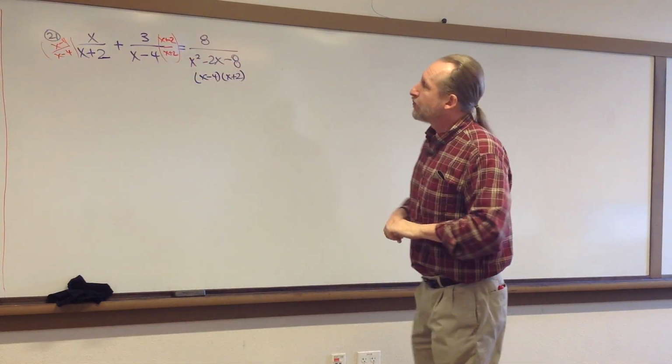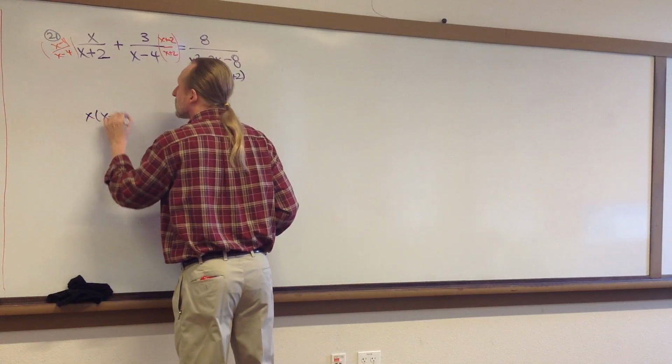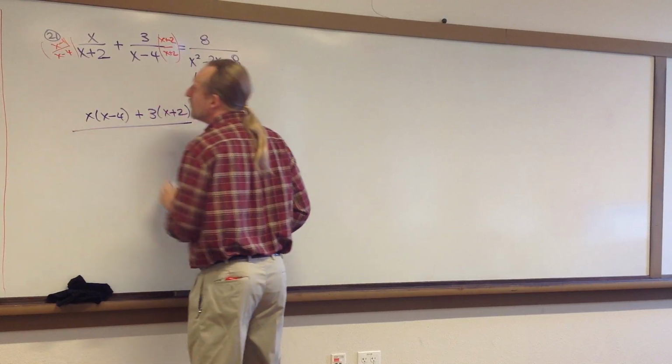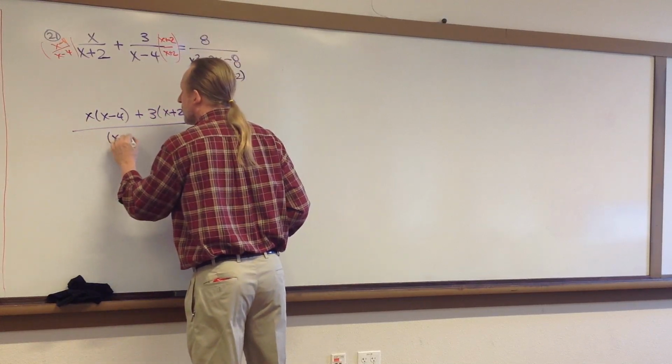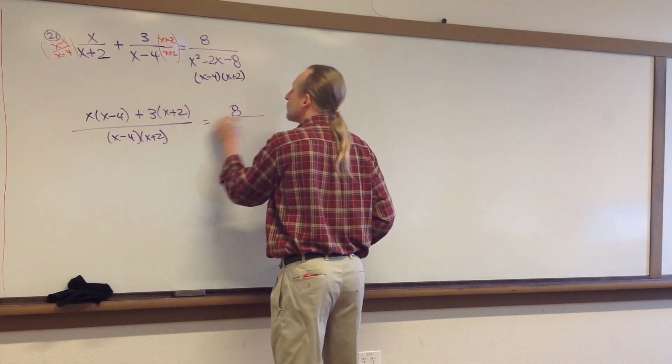So what do we end up with here? On the top, we get x times x minus 4 plus 3 times x plus 2. And on the bottom, you've got x minus 4 times x plus 2 on both sides.